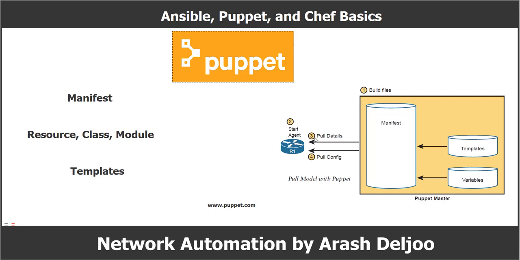Step 3, the agent pulls manifest detail from the server, which tells the agent what its configuration should be. And step 4, if the device configuration should be updated, the Puppet agent performs additional pulls to get all required detail, with the agent updating the device configuration.